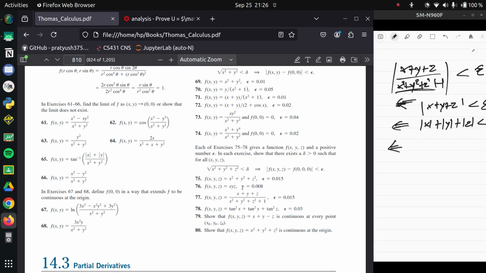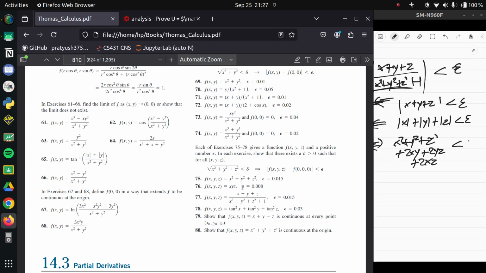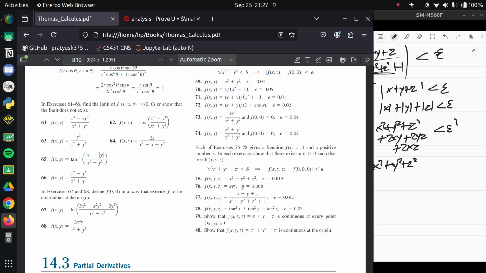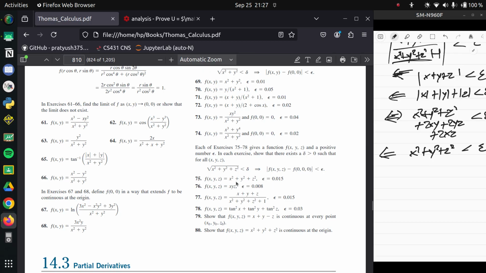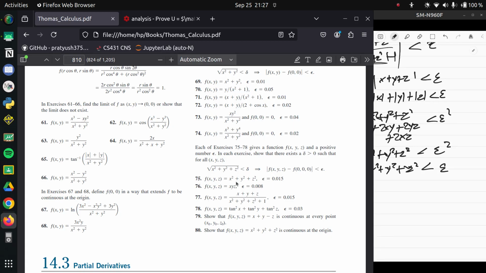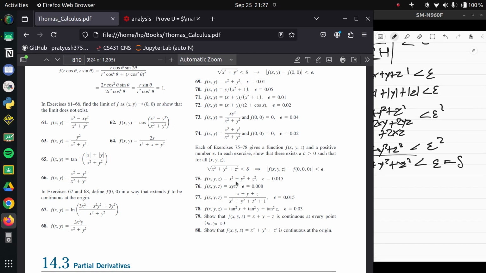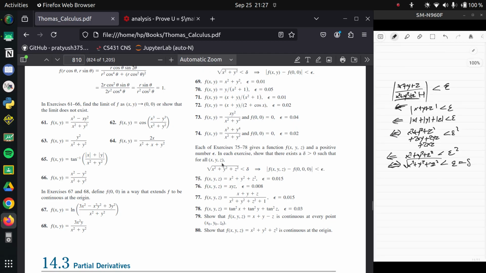Which automatically happens if I square this stuff, so x square plus y square plus z square plus 2xy plus 2yz plus 2xz. But that will automatically happen if x square plus y square plus z square is less than epsilon square, and that's a bijection with the square root of that, which we'll set to be delta. There you go, that does the thing. So I just set delta to be equal to epsilon and this automatically follows.